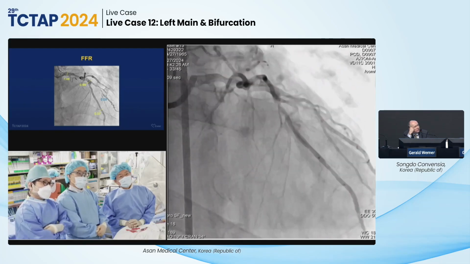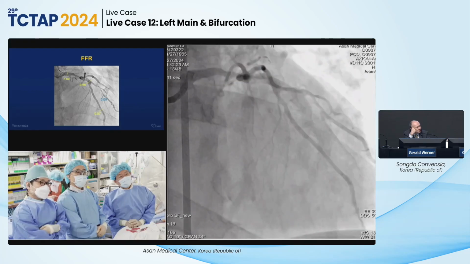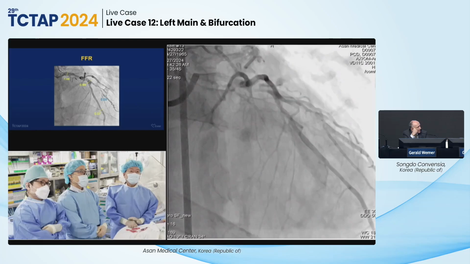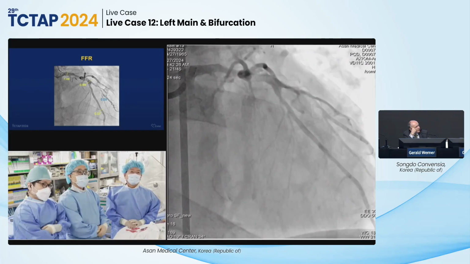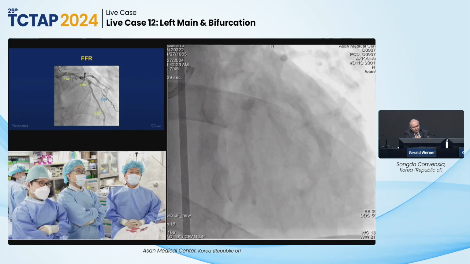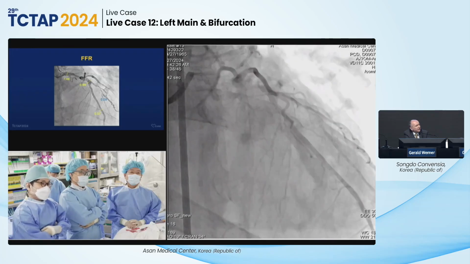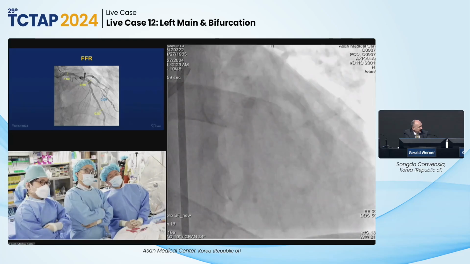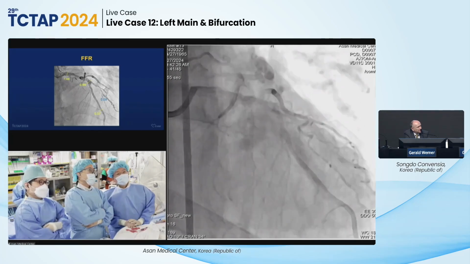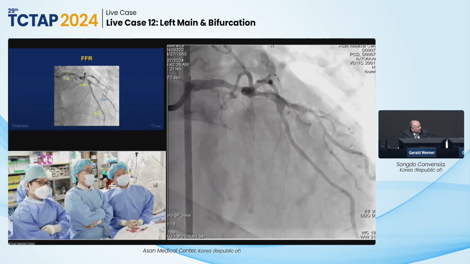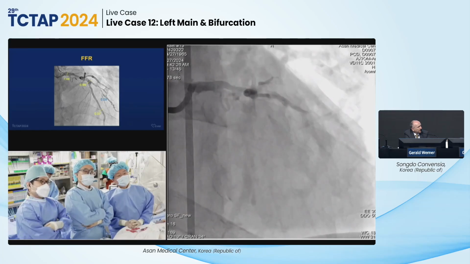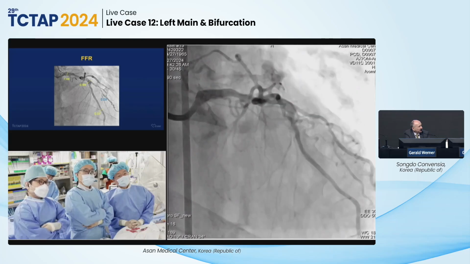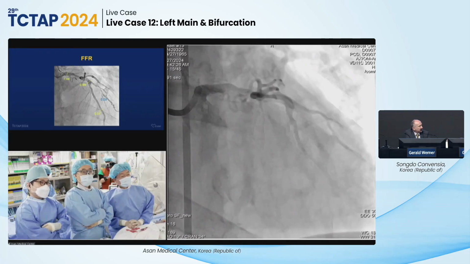So we should not deduce from this single measurement that we should also treat the distal lesion. We should go for the severe lesion and then reassess the distal. But stay away from going beyond the first diagonal in the first attempt, and then reassess the physiology, because it will affect the measurement.